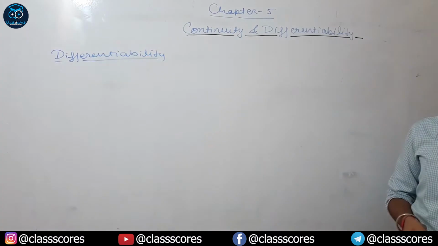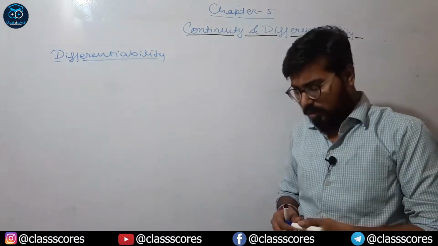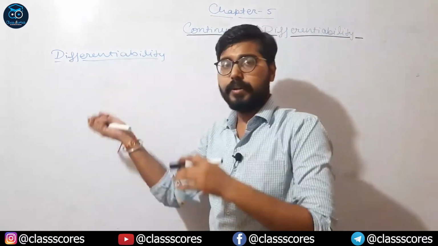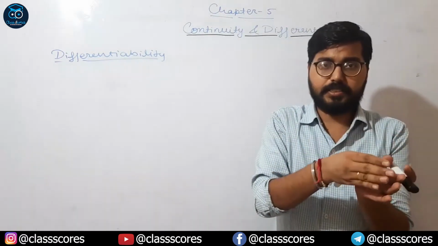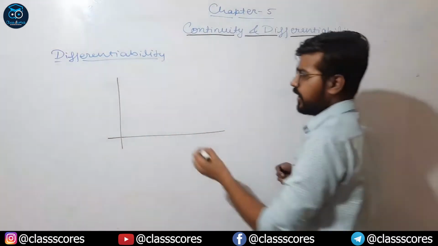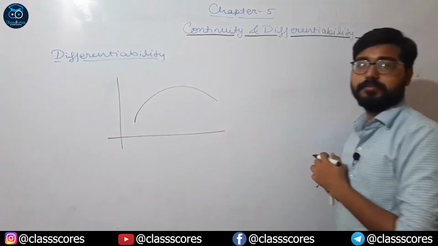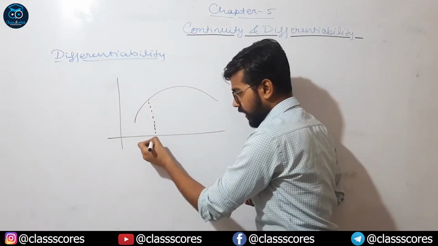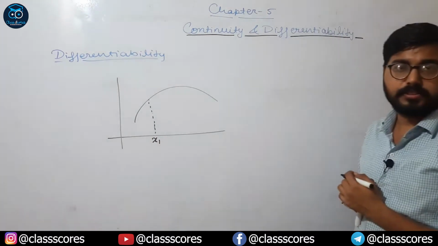Differentiability, or we can say differentiation. So what is differentiability? It is already clear by its name. It is a difference. Suppose when we plot a continuous graph, suppose this is the graph. Here we have some value of x.